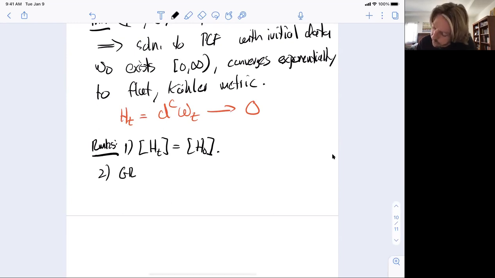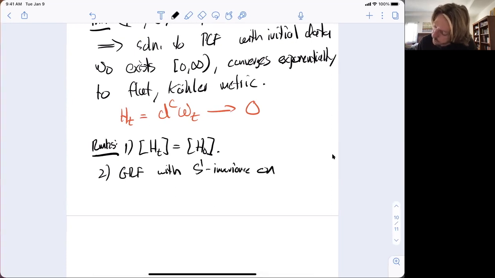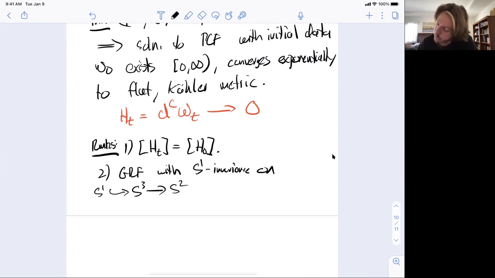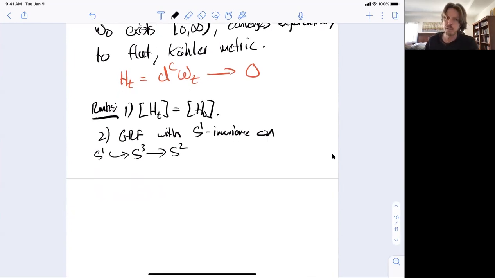So take generalized Ricci flow with an S1 invariance on S3. You think of the Hopf fibration over S2, and you start with certain symmetric initial data.